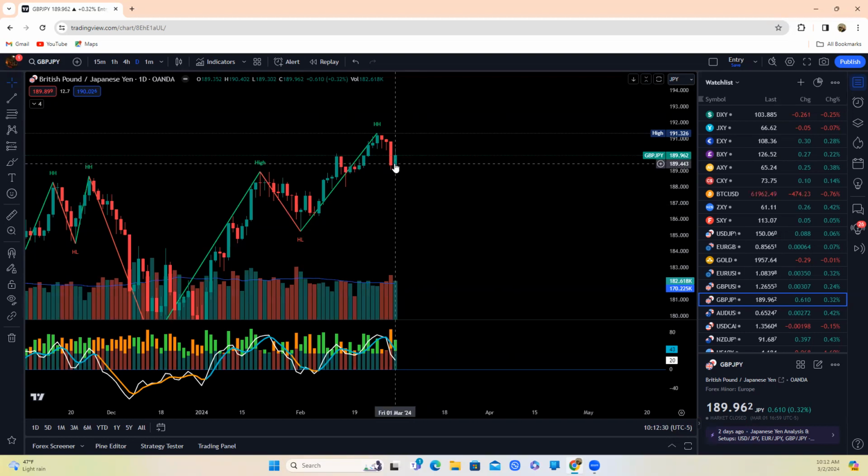So you want to see if the overall current price movement, sentiment and direction is higher or lower. Is the movement of GJ higher or lower than the opening price?